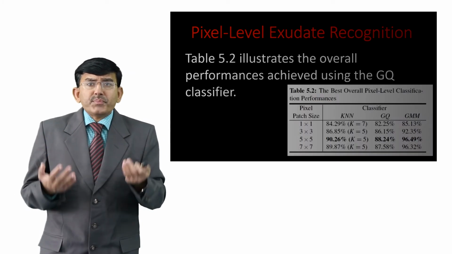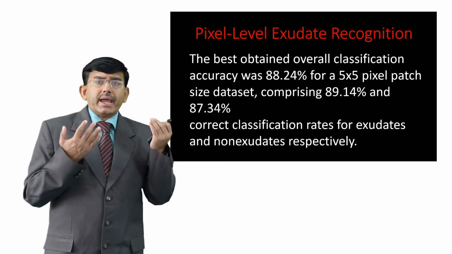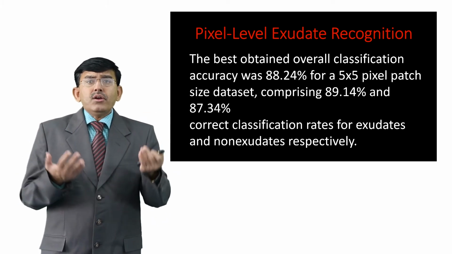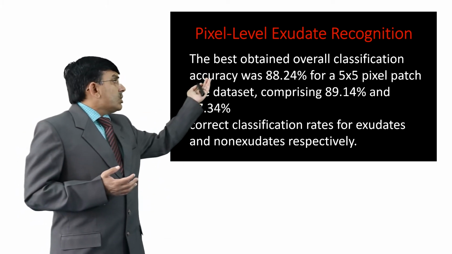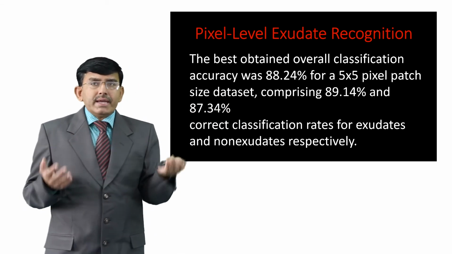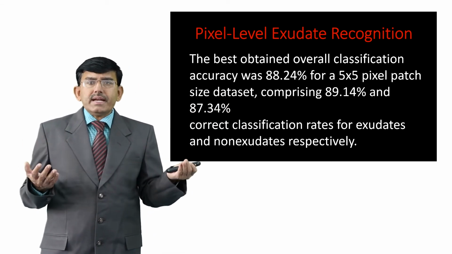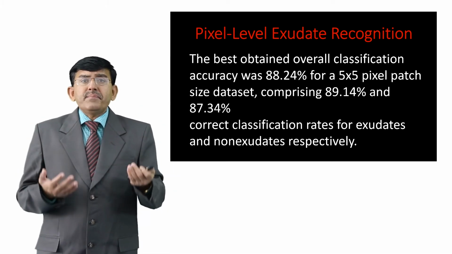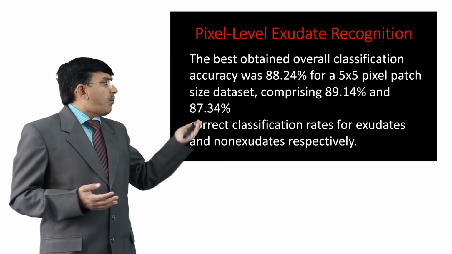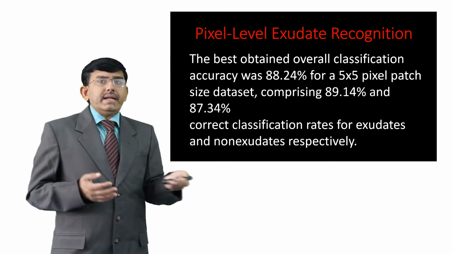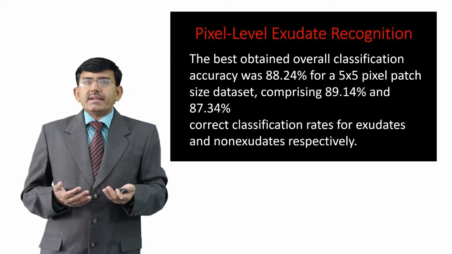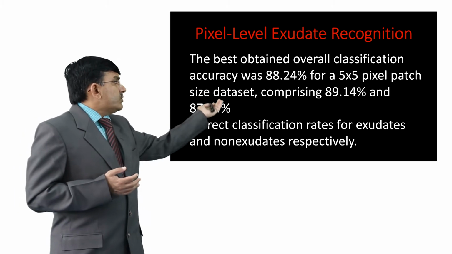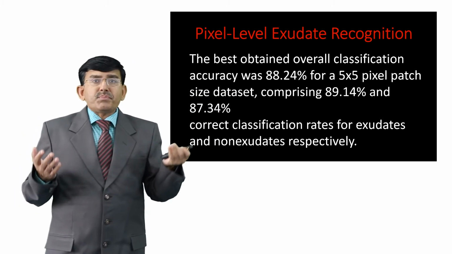The best overall classification accuracy obtained was 88.24% for the 5 by 5 pixel patch size dataset, comprising 89.14% and 87.34% correct classification rates for exudate and non-exudate lesions respectively.